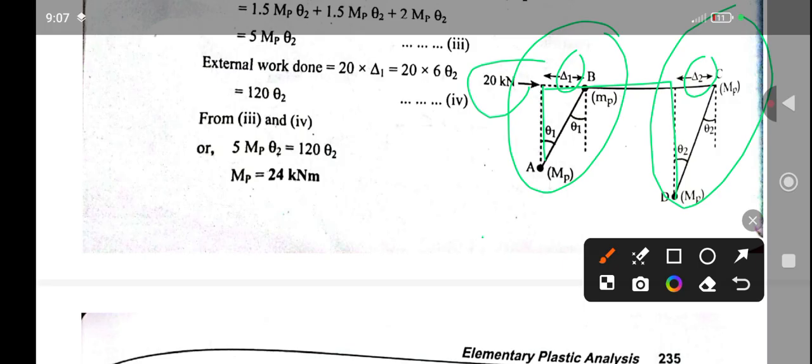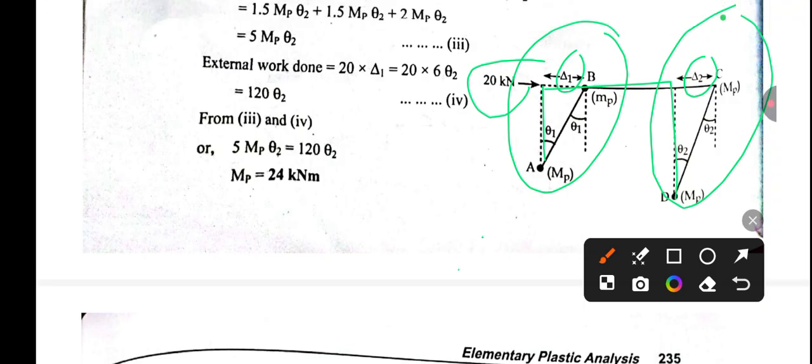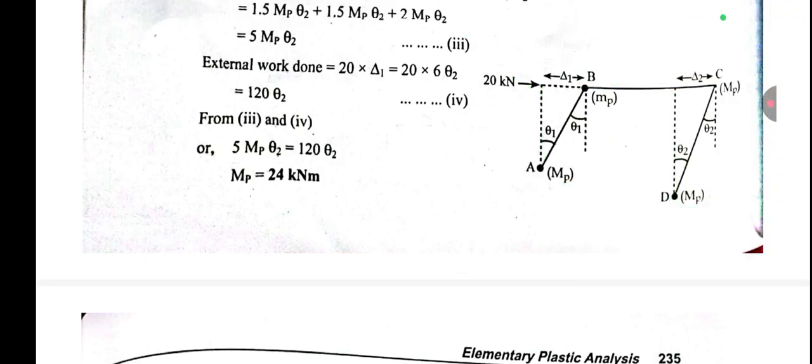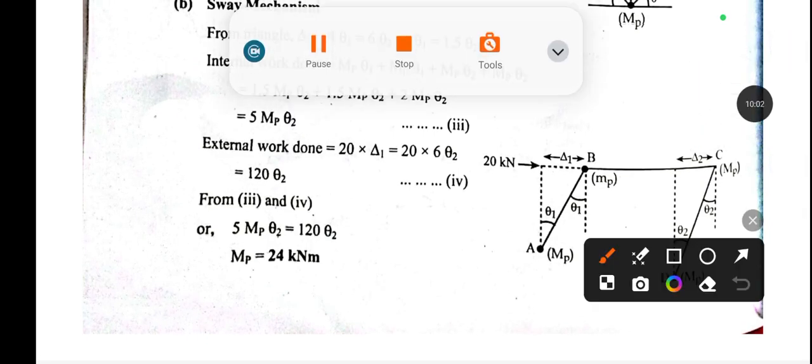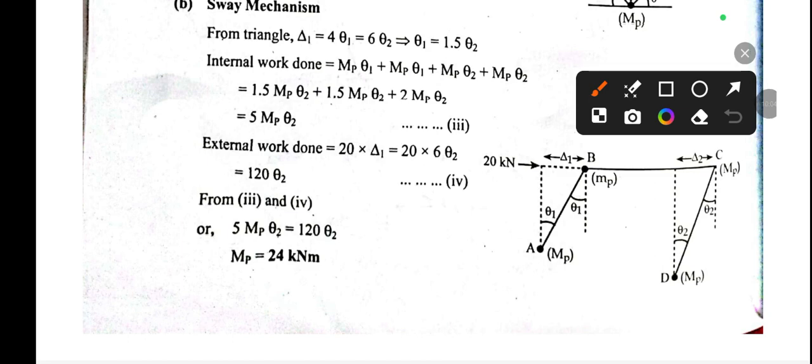Now we have to calculate internal work done and external work done, and it is very simple. For the external work done, we just multiply this 20 by this delta 1, so external work done can be written as 20 into delta 1.